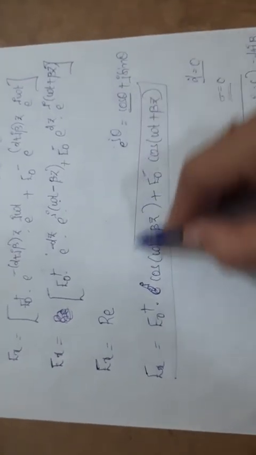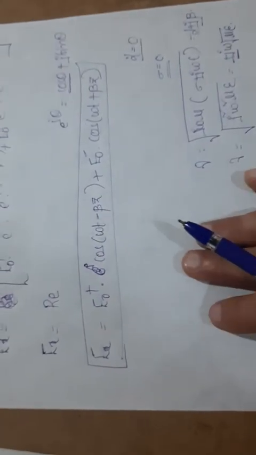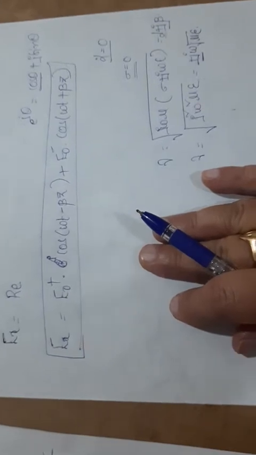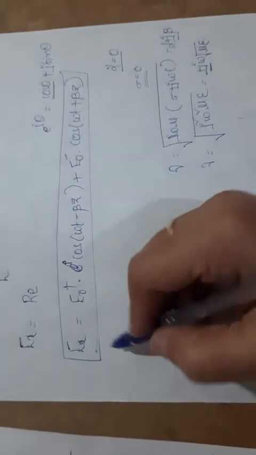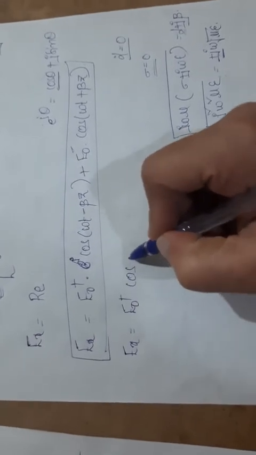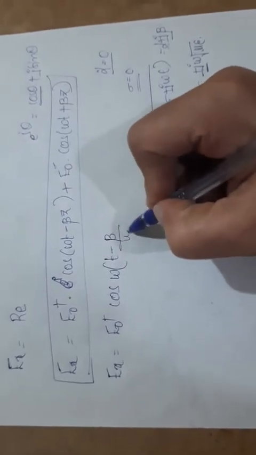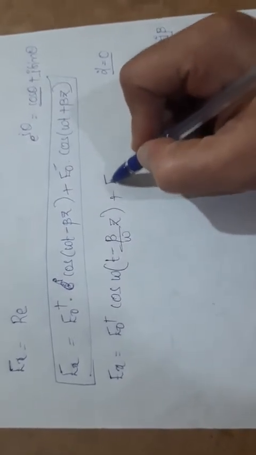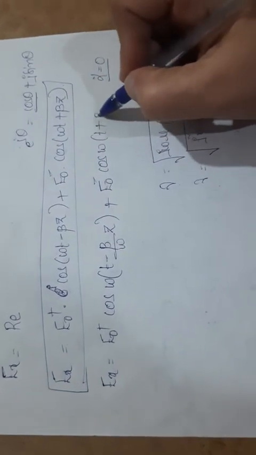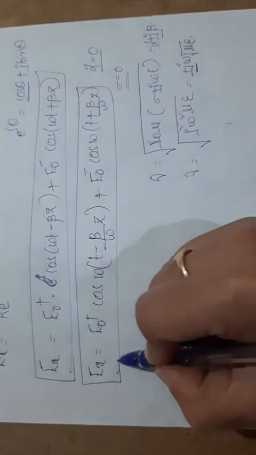So this is one of the field components, Ex. Simplifying, taking omega common: E naught plus cos of omega into t minus beta by omega z, and so on. So this is Ex.